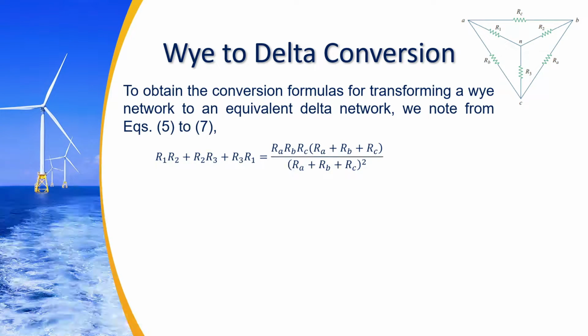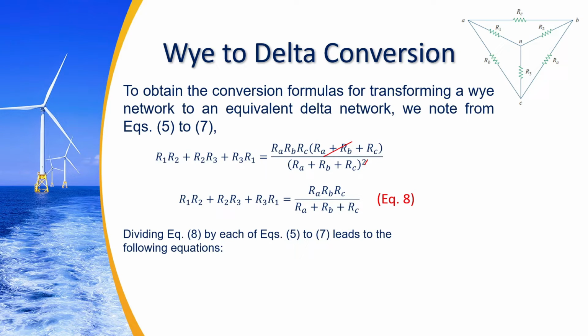Kapag ni-reduce natin yan, ganito yung magiging equivalent niya. Magiging RA, RB, RC over RA plus RB plus RC. Kasi, cancel na tong part na to at tong part na to. Mawala na tong exponent na to. Matitira is itong RA, RB, RC at itong RA plus RB plus RC. Ayun yung magiging equation 8 natin.